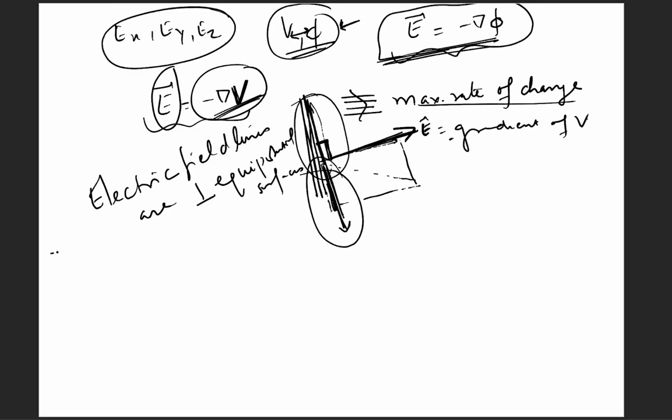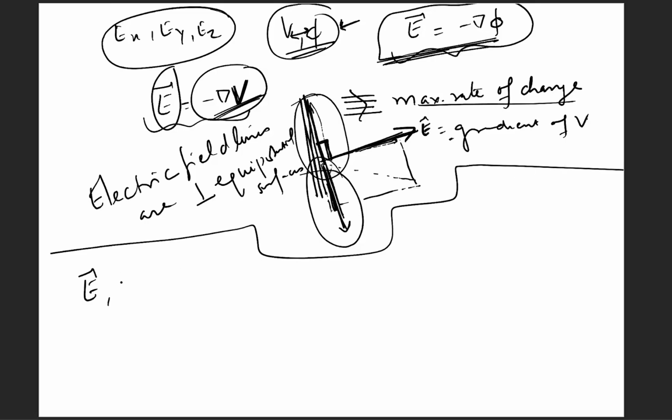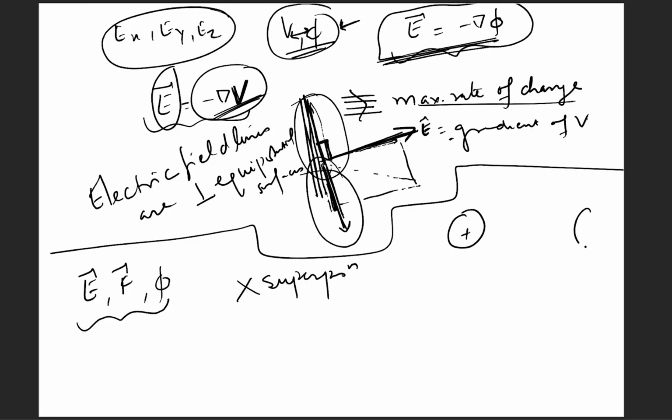Now there is one more thing I need to tell you, where some students are a little confused. I have told you that E as well as F as well as phi follow the superposition principle, but the representation through field lines does not follow superposition. You can clearly see that this plus charge and this plus charge create a field like this, and I want to represent the field lines like this. It will be difficult to use superposition to draw these lines.